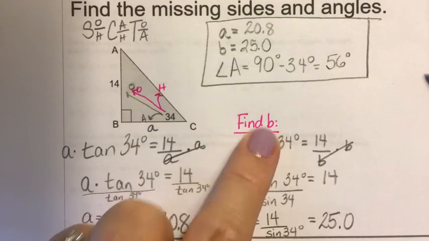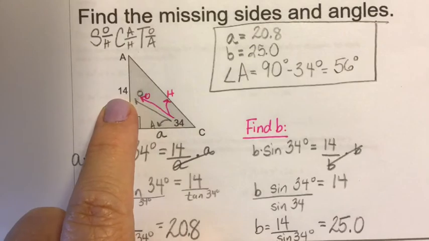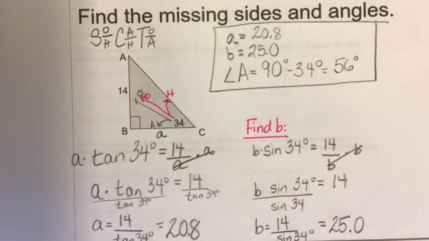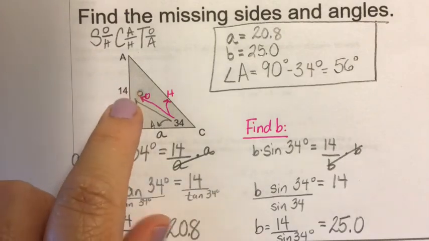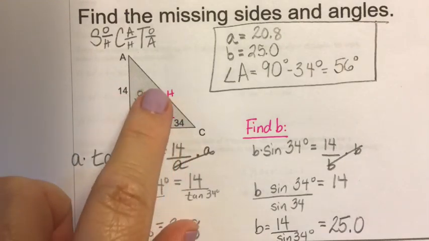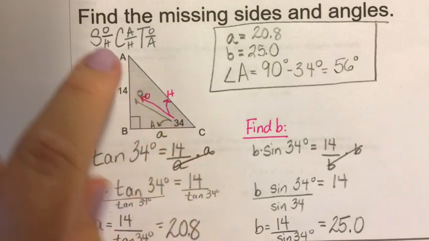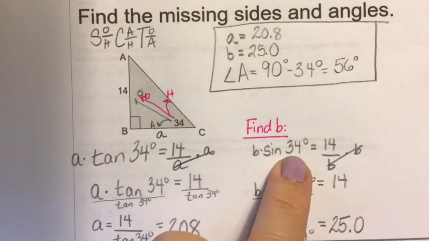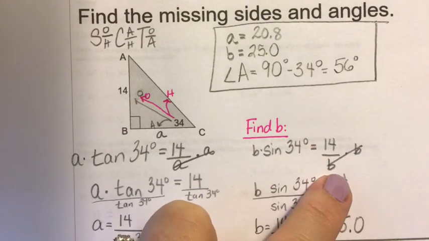To find side B, I put pink over here. I always use the given side, never the one that I have approximated. And I know the opposite side, and I'm trying to find the hypotenuse. So I used sine. Sine of 34 degrees equals 14 divided by b.